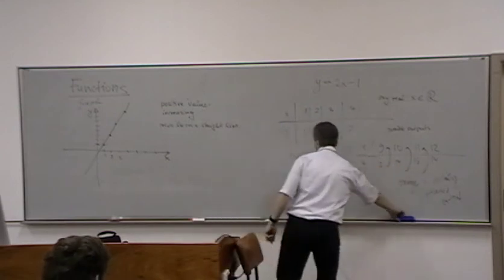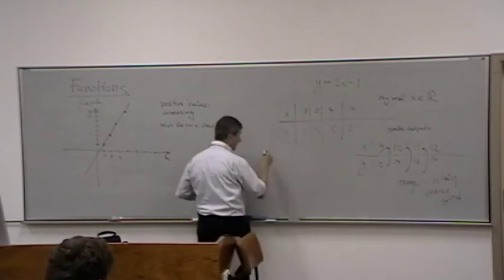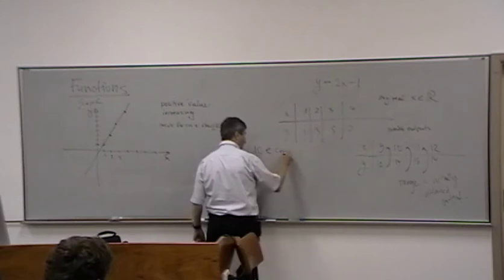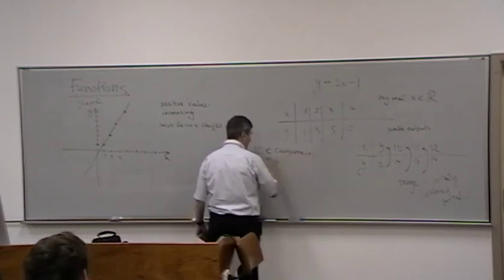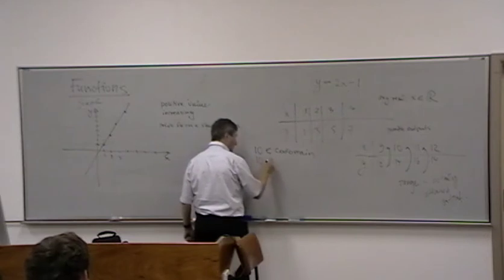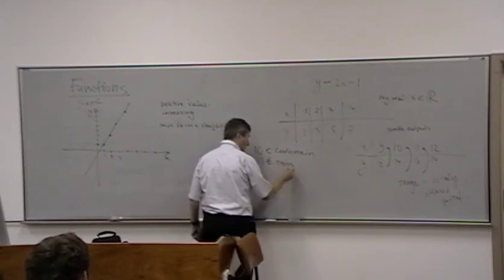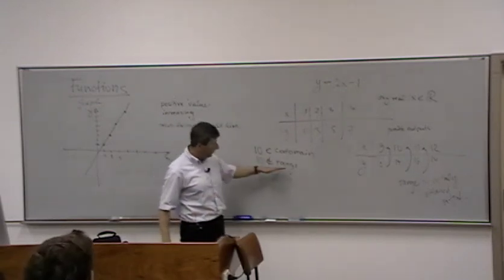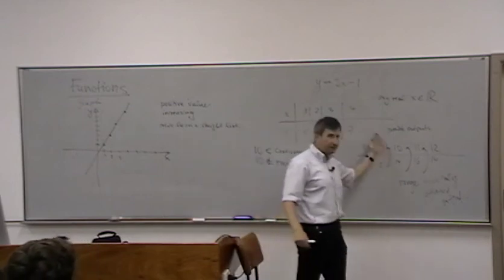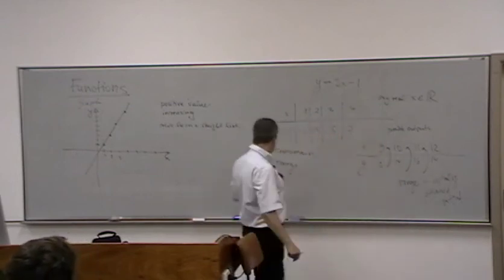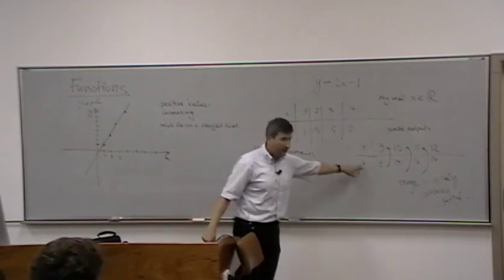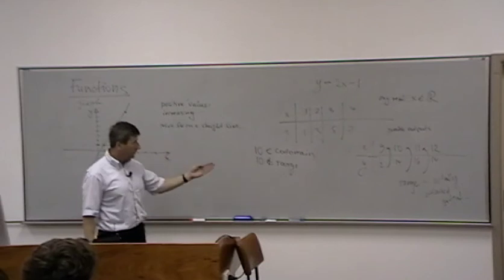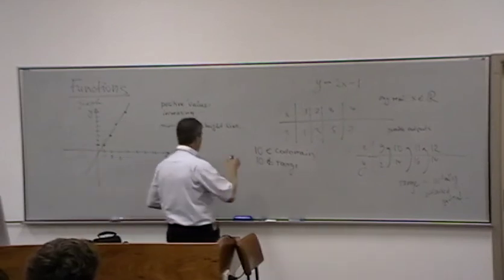This means that though 10 is an element of the codomain, 10 is not an element of the range. So if the codomain is bigger than the range, if we have elements which are not in the range, we cannot invert this procedure, we cannot go backwards for numbers which are not in the range. No matter whether they are in the codomain or not, if they are not in the range, we cannot do it.